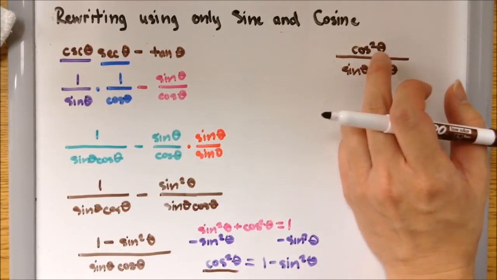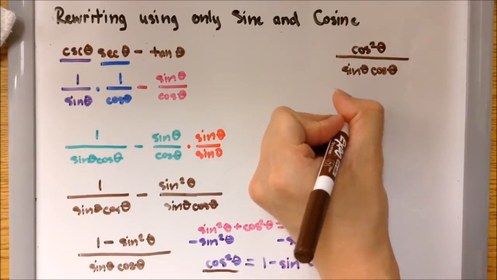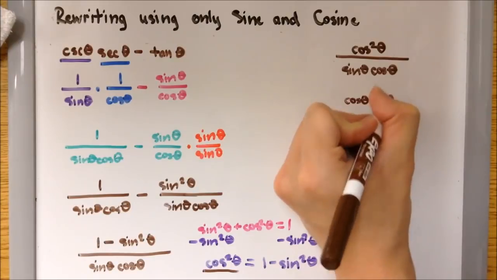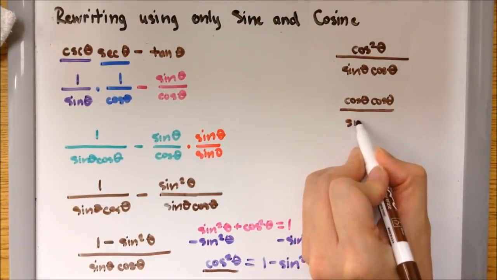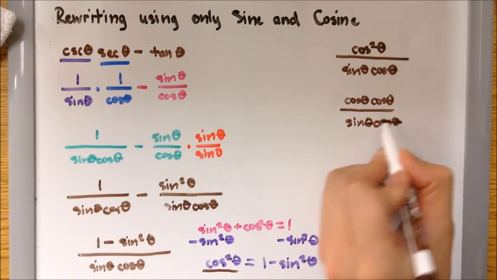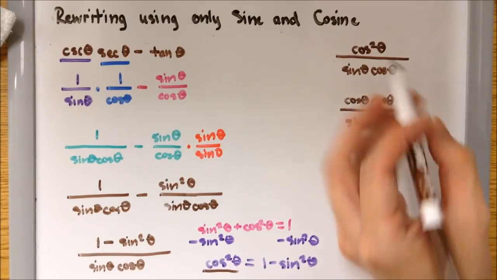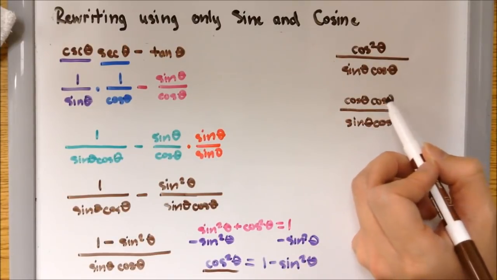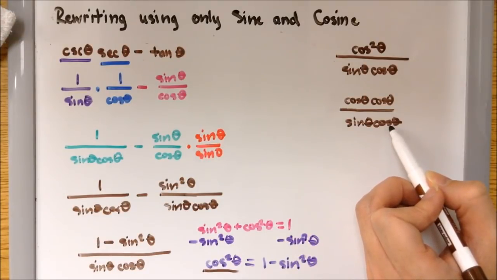Let me rewrite cosine squared theta as simply cosine theta times cosine theta over sine theta times cosine theta. So as I rewrote cosine squared theta as cosine theta times cosine theta, I notice that there's a cosine theta in the numerator and there's a cosine theta in the denominator.